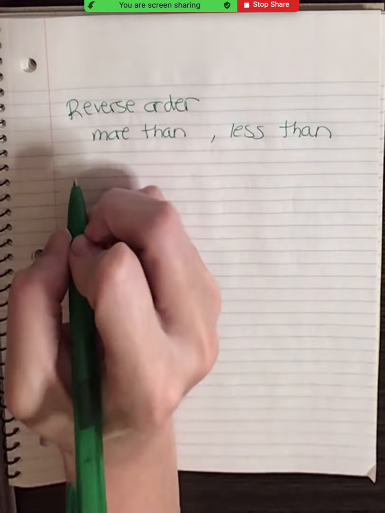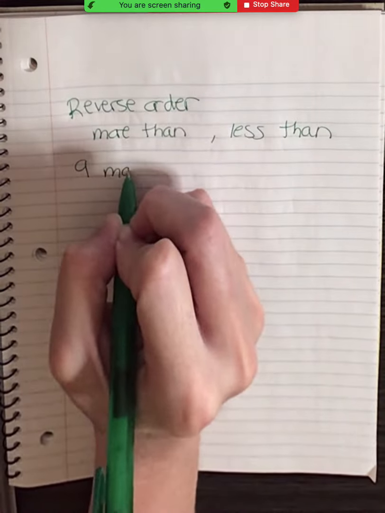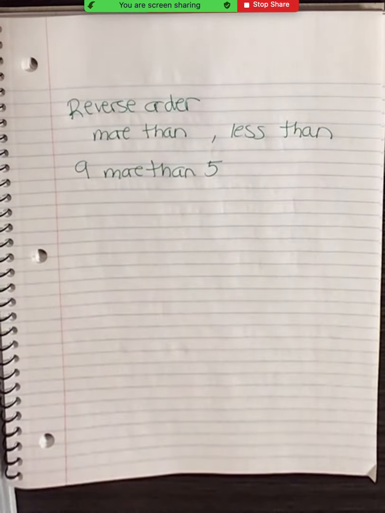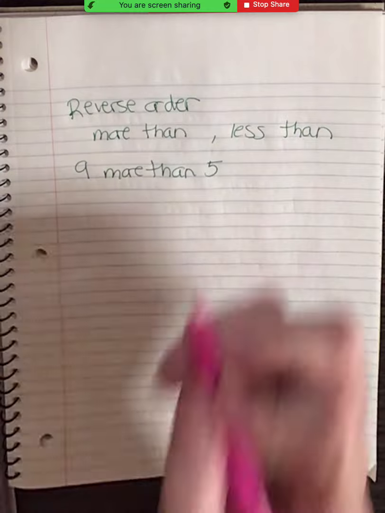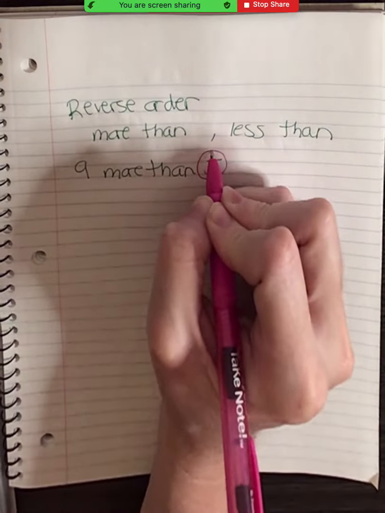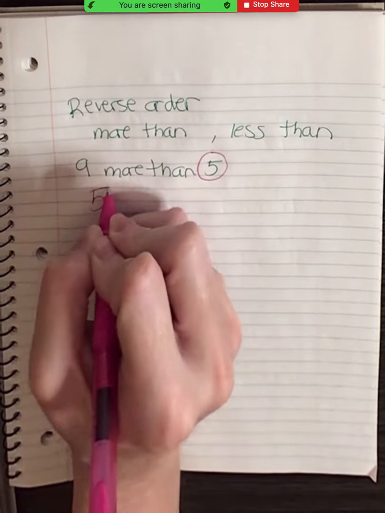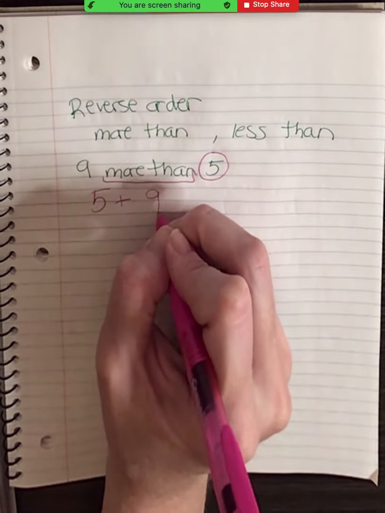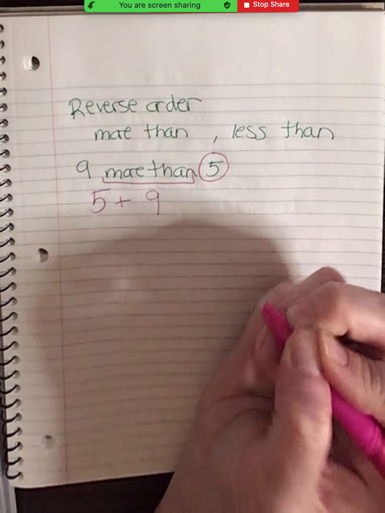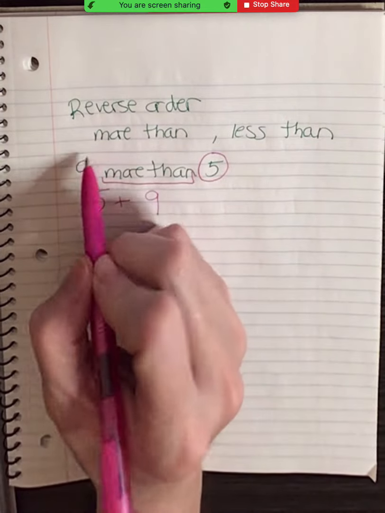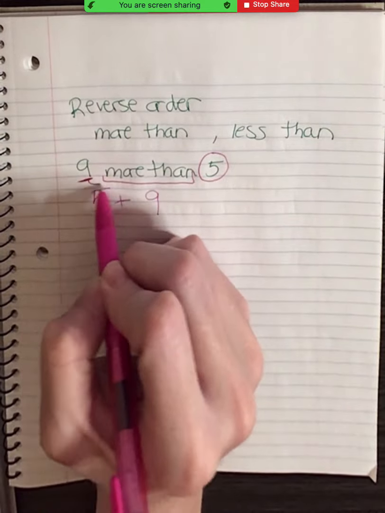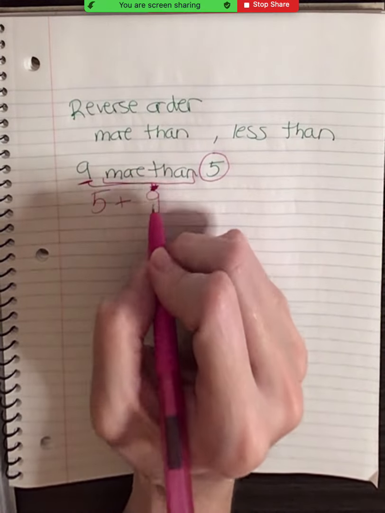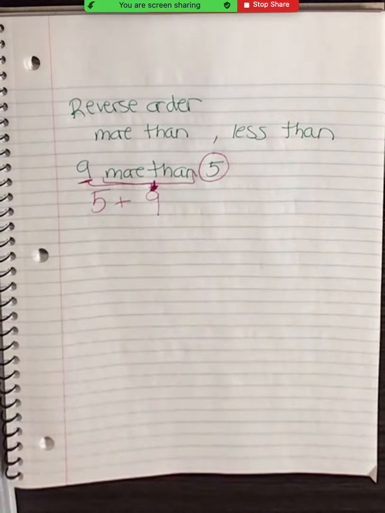If I say 9 more than 5, we ask ourselves, what are we starting with? We're starting with 5 because we're taking 5 and more than that, it's adding 9. So while the 9 was written first, it comes second because that's the value that's more than something we started with.